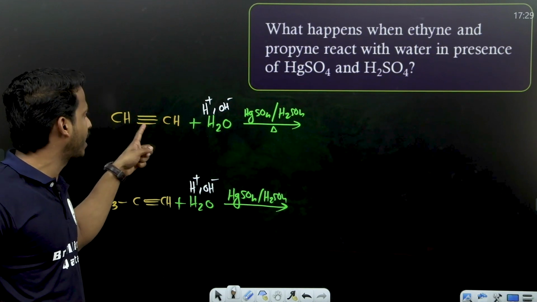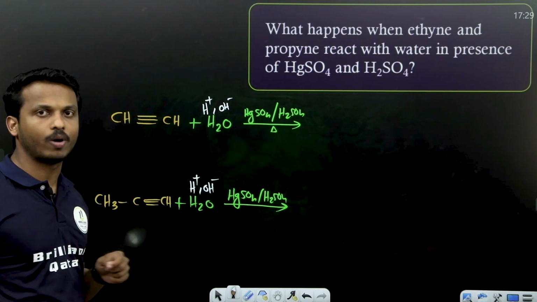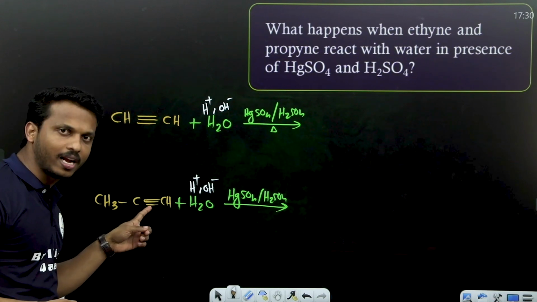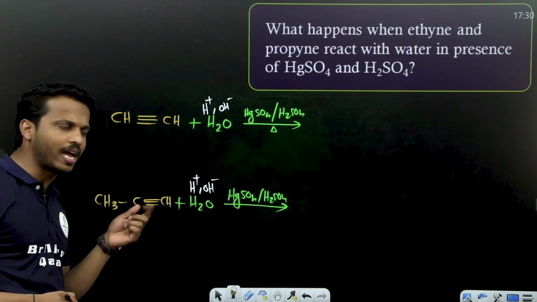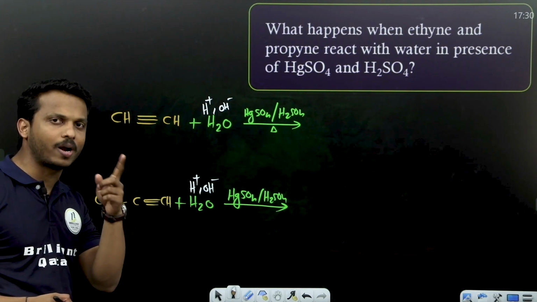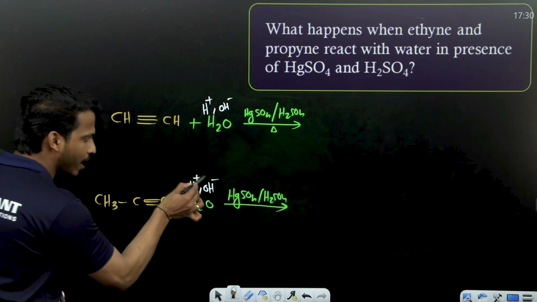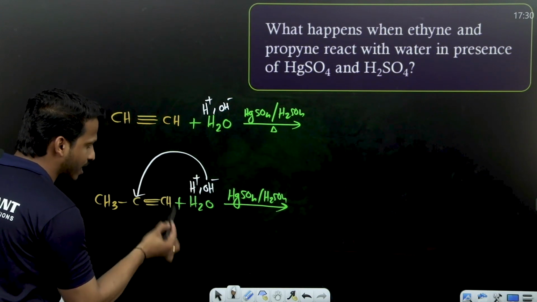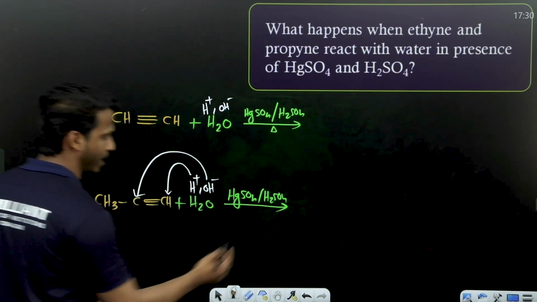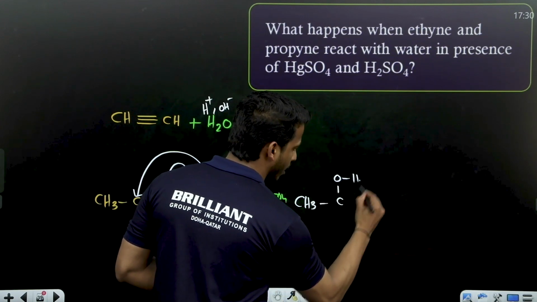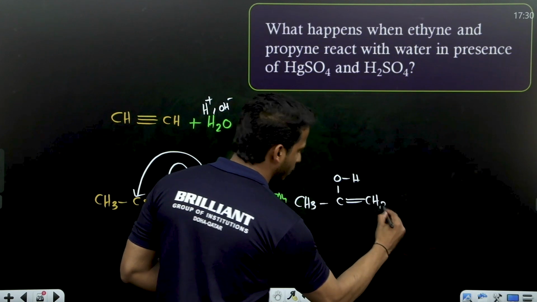I think this one is symmetrical because both of the carbons carry one hydrogen. I think this other one is an unsymmetrical alkyne, right? For unsymmetrical alkynes, when the addendum contains positive and negative parts, we follow Markovnikov rule. Can you apply Markovnikov rule here? Negative part goes to the carbon with less hydrogen, positive part to the one with more hydrogen. I think you will get CH3, C(OH), double bond CH2.